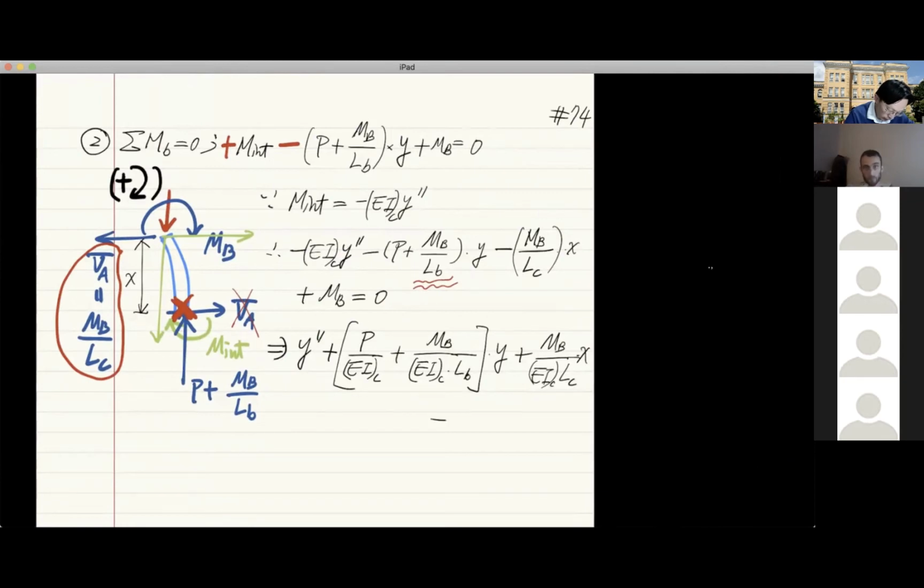This will become negative MB over EIC, equals 0.